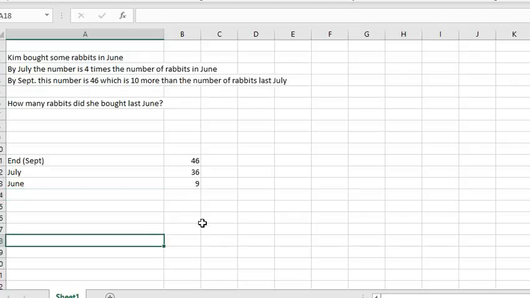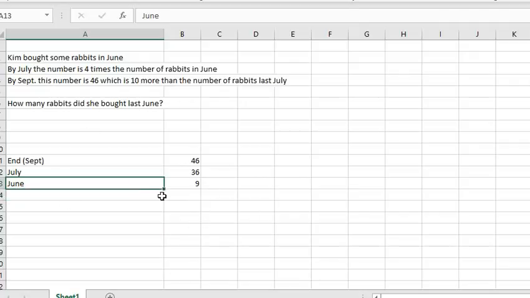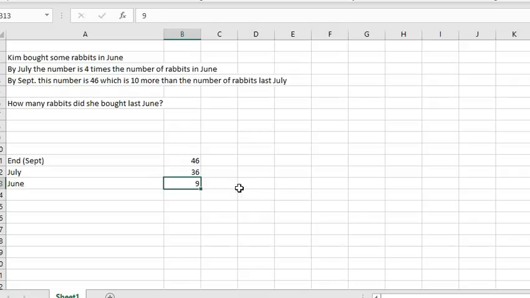And then looking back to our solution, if she bought 9 rabbits in June, then at the end of July, 9 times 4 is 36. And then by September, 36 plus 10 is 46. So our answer is she originally bought 9 rabbits.